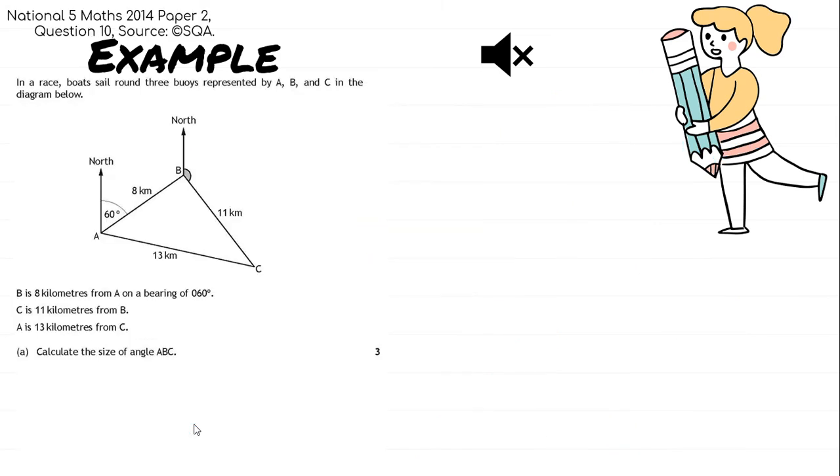There's one more example here that I think we'll do. And again, follow it along. I'm going to stop for a second to give you a chance to read the question.